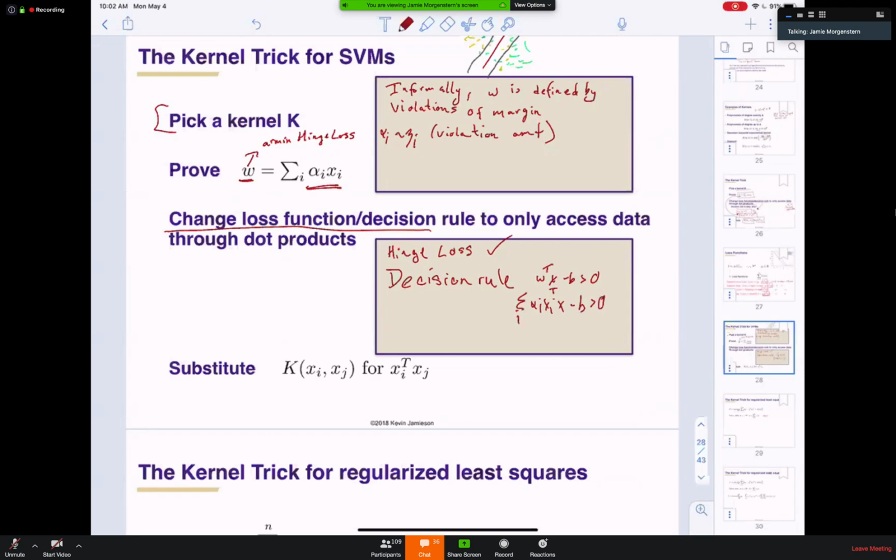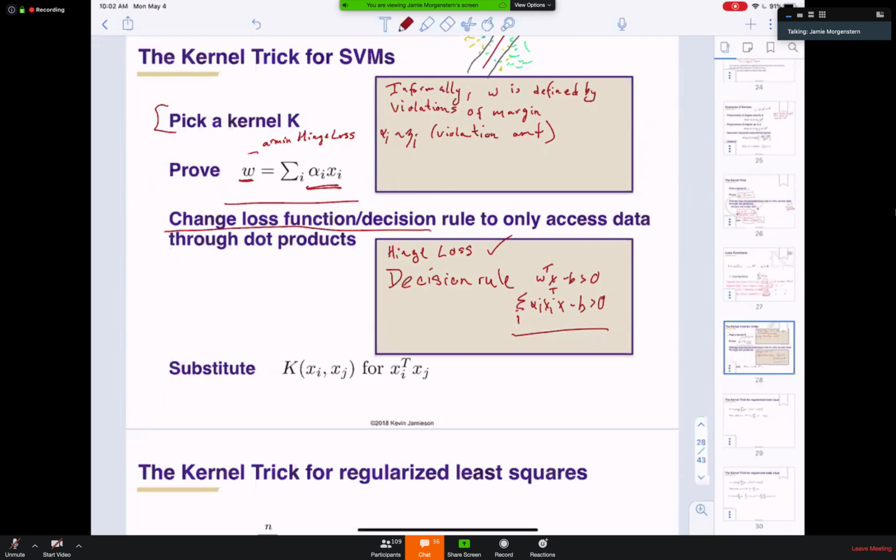I'm just taking the fact that we now know our W can explicitly be represented as a linear combination of our data and substituting it in here to make our decision rule a function only of dot products rather than of points in our d-dimensional space.